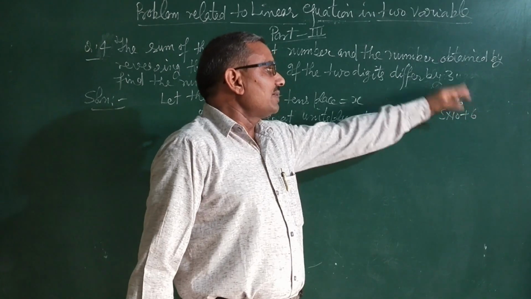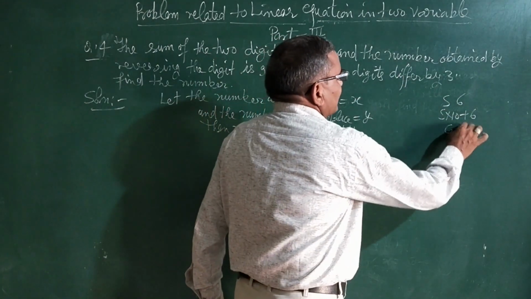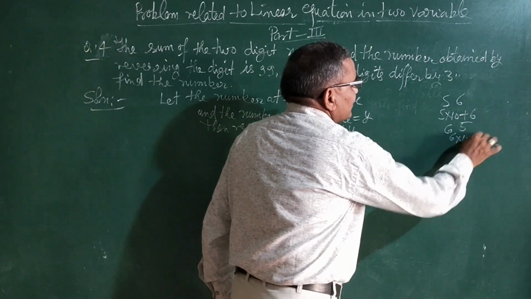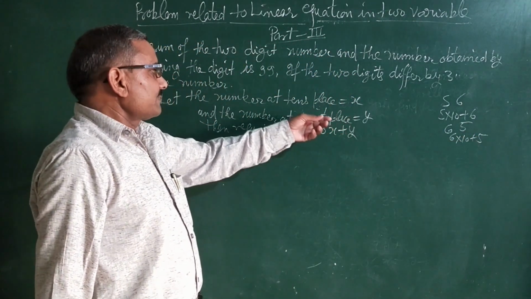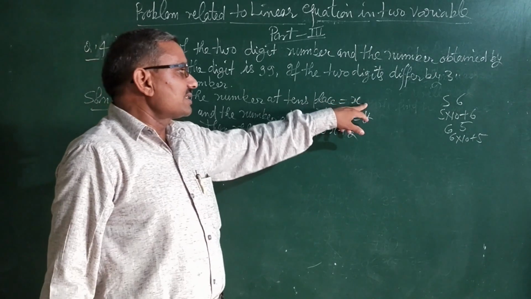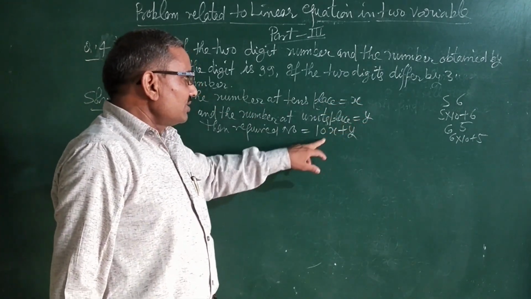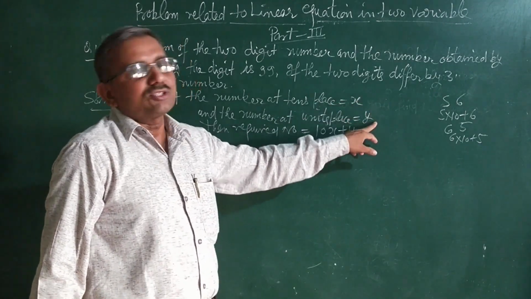The number obtained by reversing the digits is 65. 65 means 6 into 10 plus 5. The same thing is here. Here the tens place value is x and the units place is y. So the number will be 10x plus y.